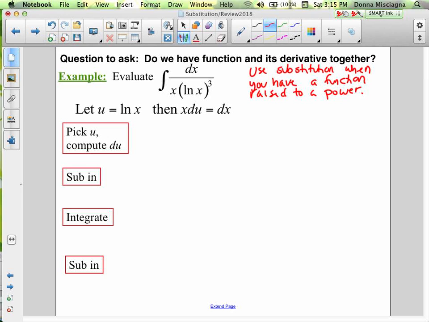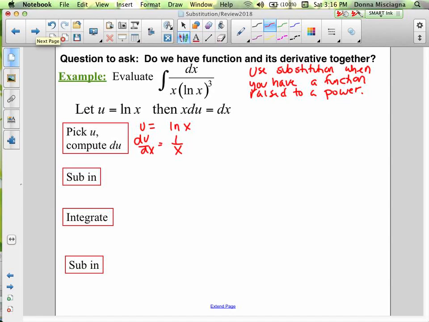Let's rewrite this first of all. All right, so this would be the integral of, you know what, we'll just leave it the way it is right now. Then we'll do the substitution, and then we'll rewrite it so we can take the derivative. All right, so u is natural log of x. If we took the derivative, so du with respect to x, the derivative of natural log of x is 1 over x, right?